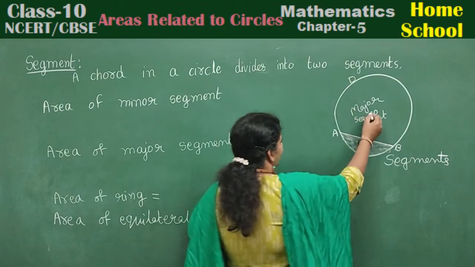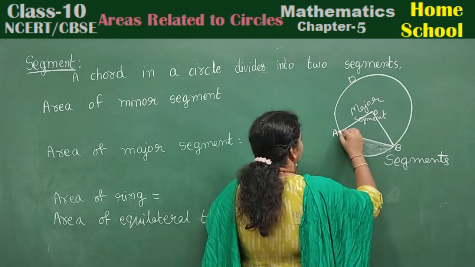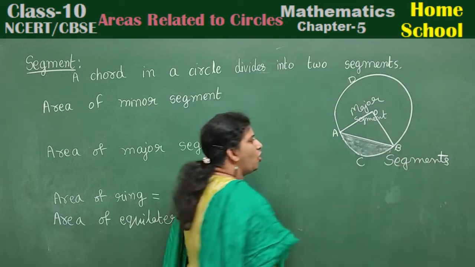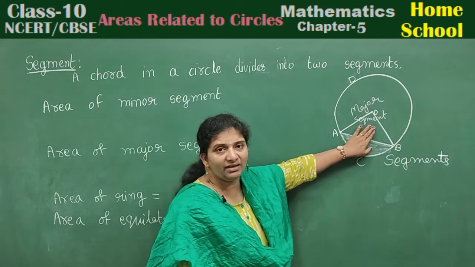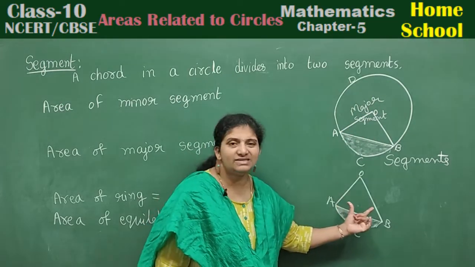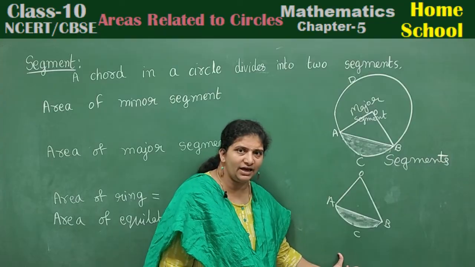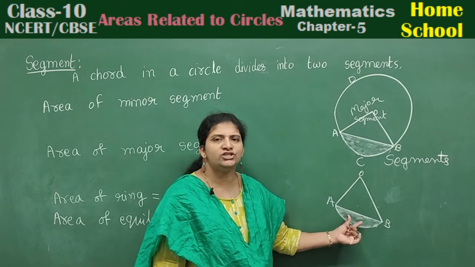Look here carefully. I'm going to draw a sector. Can you see the sector? OACB. Which sector is it? It is the minor sector and this is the major sector. The sector is drawn aside and there you can see the minor segment whose area you need to find.